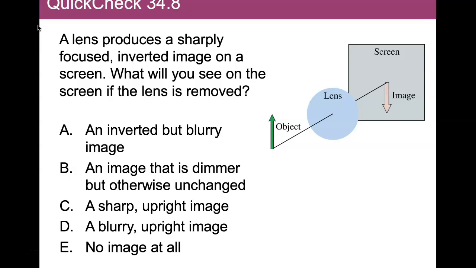Yeah, so the rays from different points just reach different points of the screen.